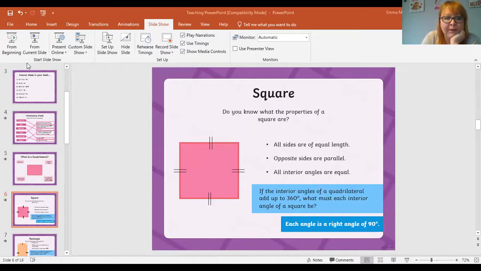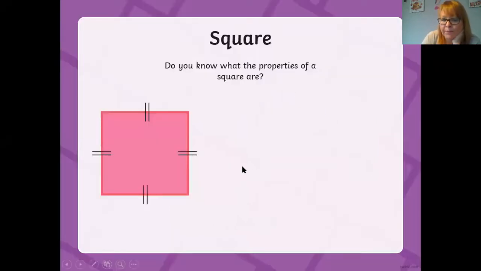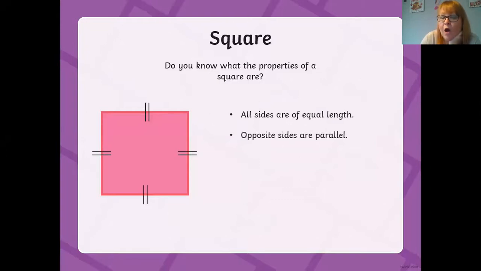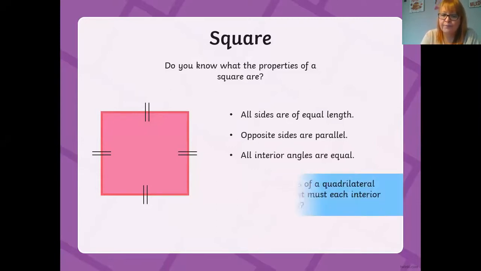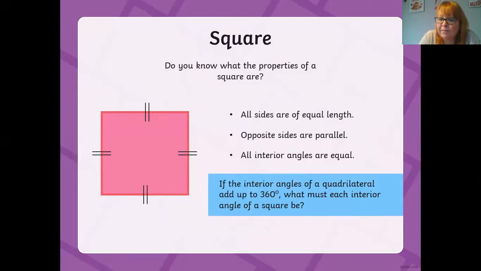You should be able to see the square. All sides are equal, so there's that vocabulary from the beginning. All sides are equal length. Opposite sides are parallel. Interior angles are all equal, and they add up to 360 degrees.